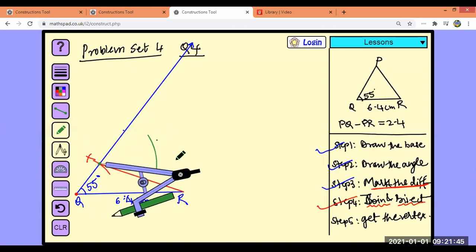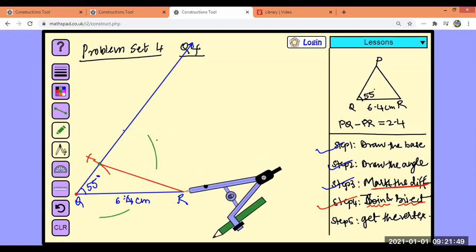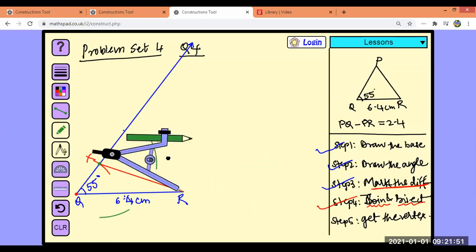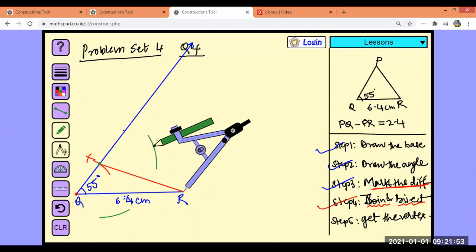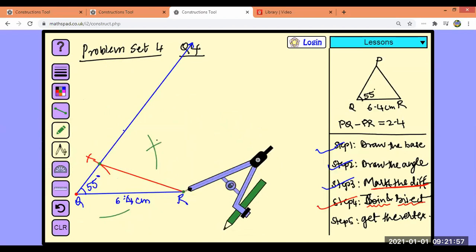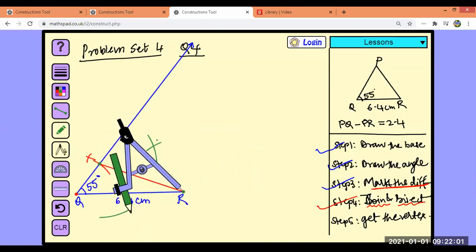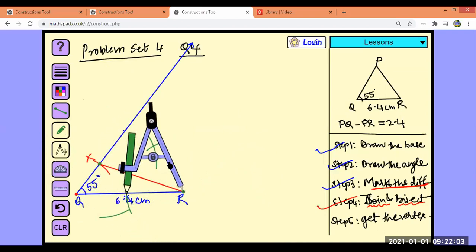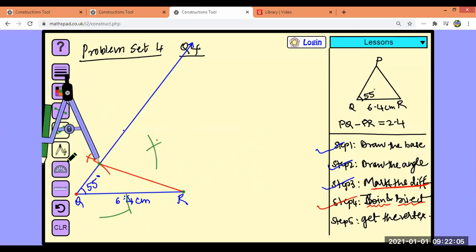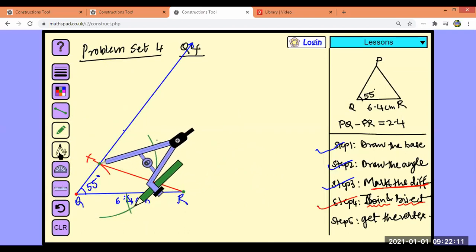Now we have to cross out these two arcs using the same distance, placing the steel point on point R. Okay, and you see the arcs, they have got crossed out. Still, I will just try to draw it more neatly. So here I'm going to cross it out again. Just check. So these are the two arcs.